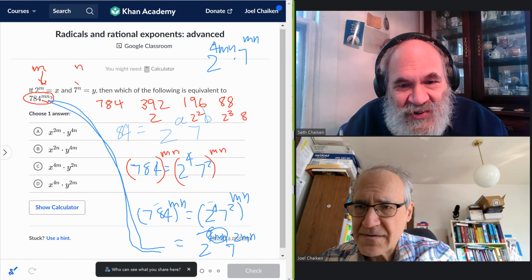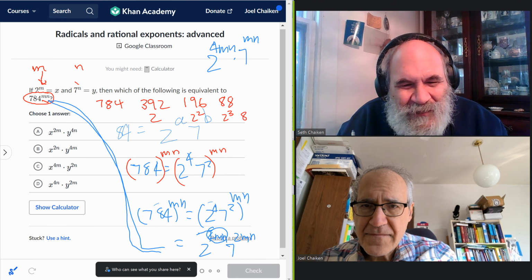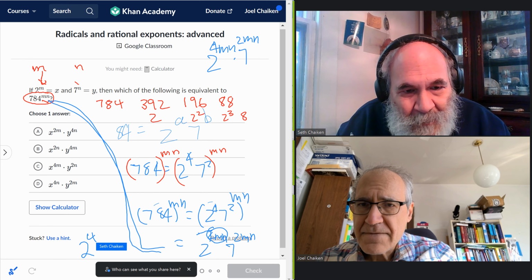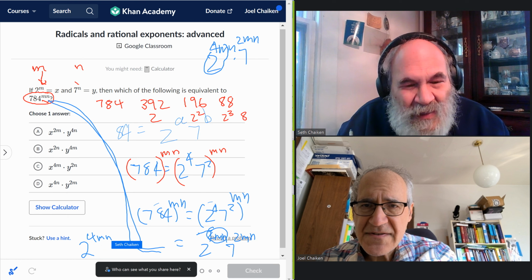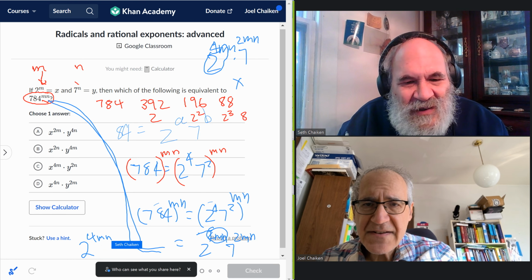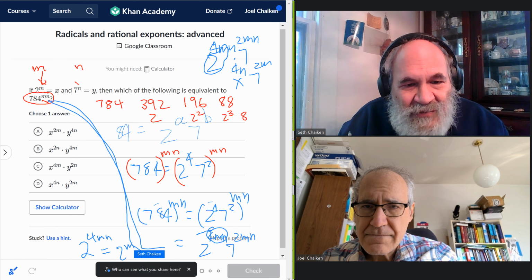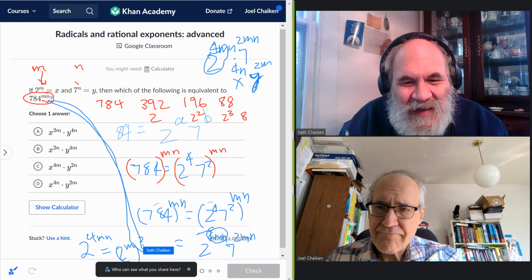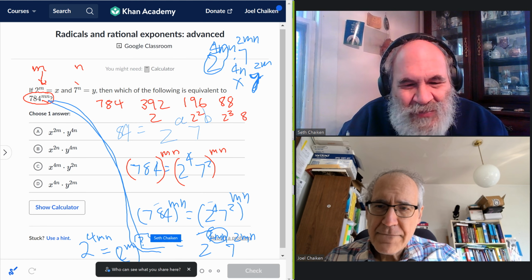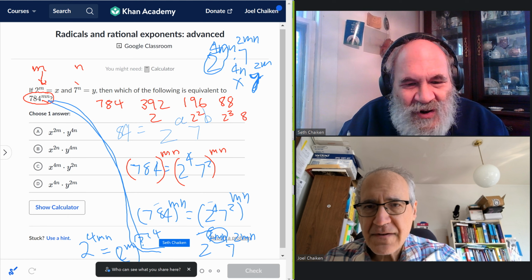Now x is 2 to the m. So 2 to the 4mn is x to the what? The question mark is therefore 4n.